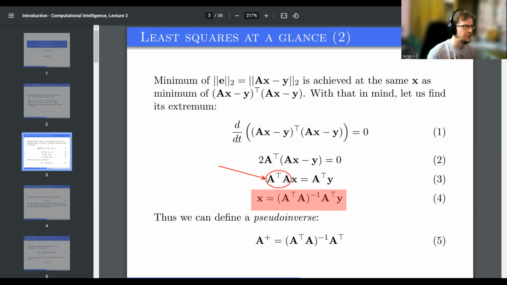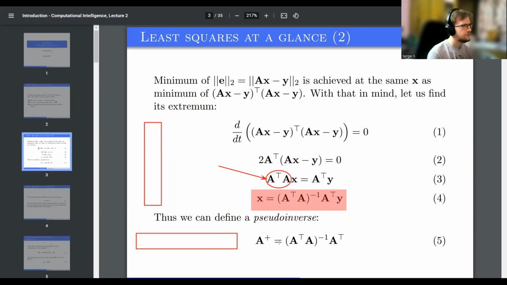Tall matrix is this shape. This shape is a tall matrix. This shape is a wide matrix. I think A transpose multiplied by A is a square matrix. Yeah, it is a square matrix. Yes. So we can invert it.